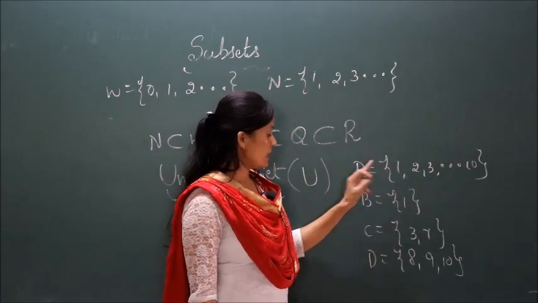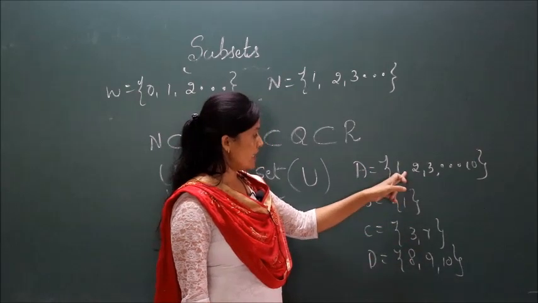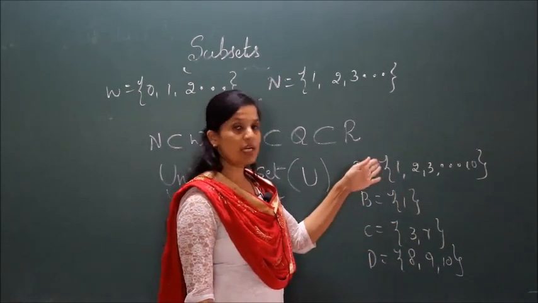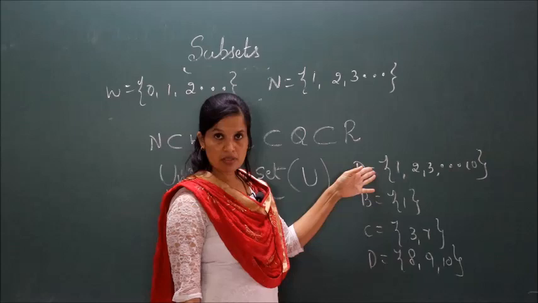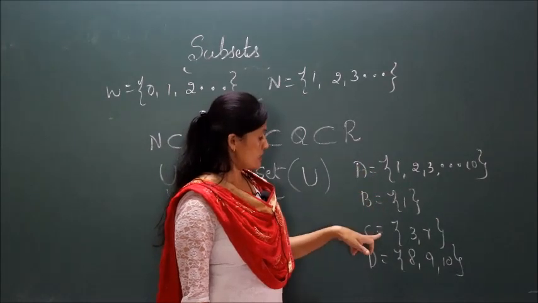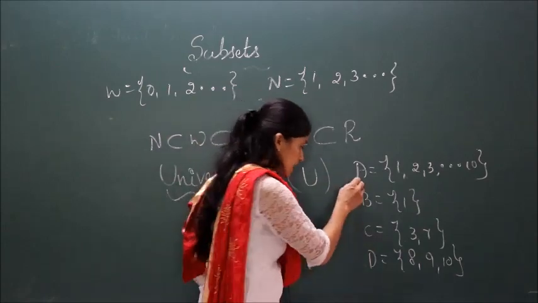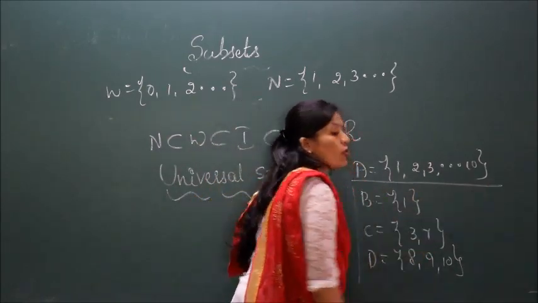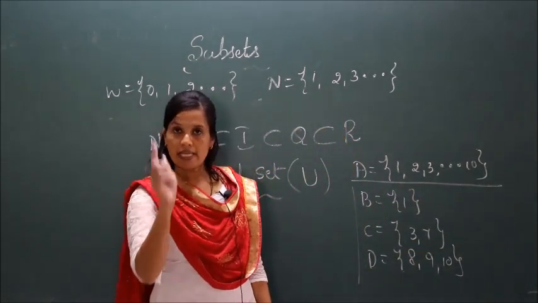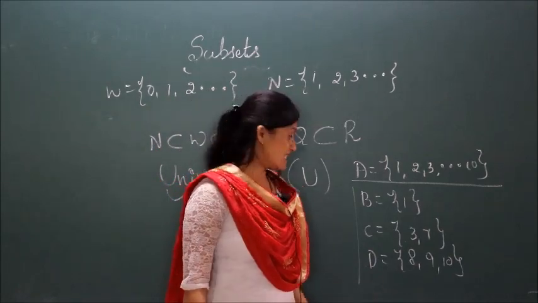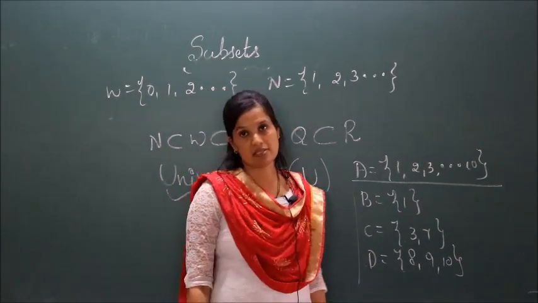B is contained in A, C is also contained in A, D is also contained in A. B is the subset of A, C is the subset of A, D is also the subset of A. Then for these sets, A is called the universal set.